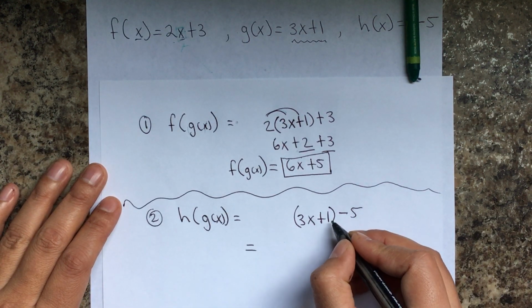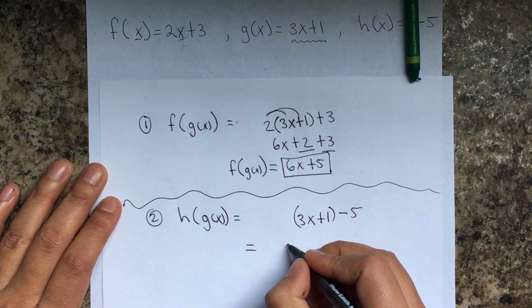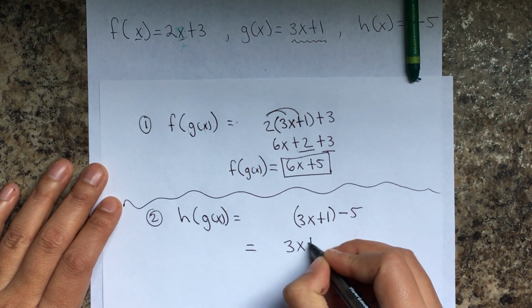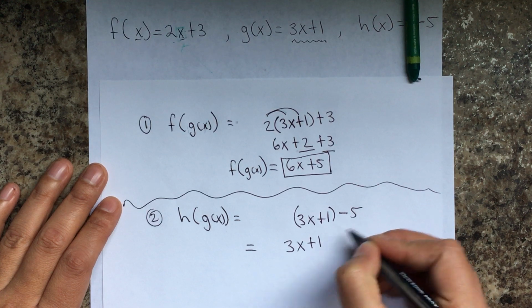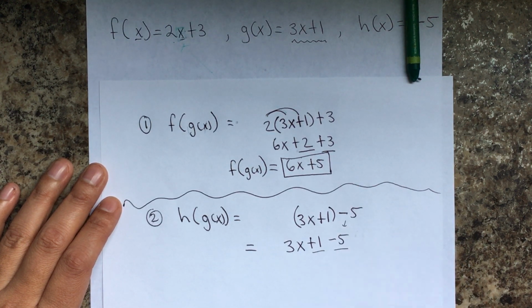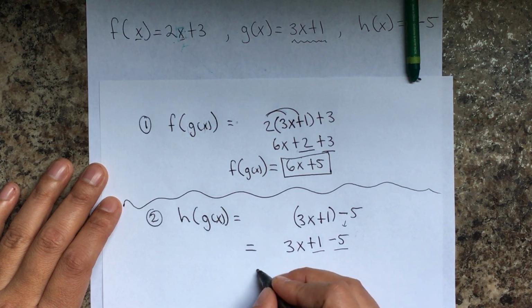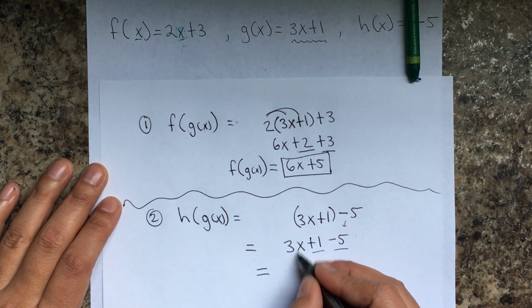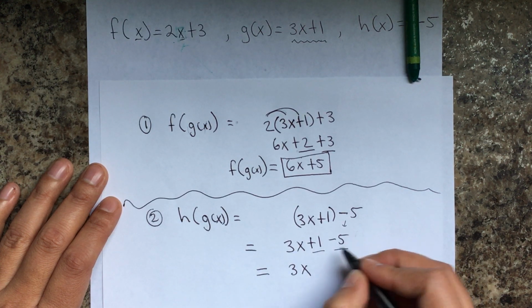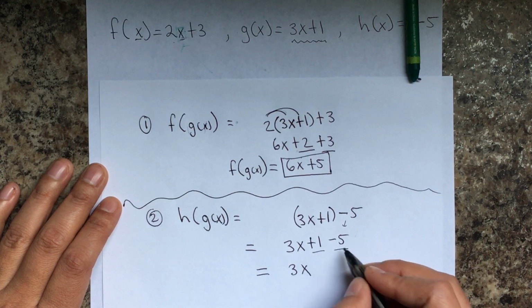So in here, 3x plus 1, keep it the same because you don't have anything that is going to multiply. So 3x plus 1. And then bring down the negative 5. Combine like terms. It's just the constants, the ones with no variable. The 3x stays the same.